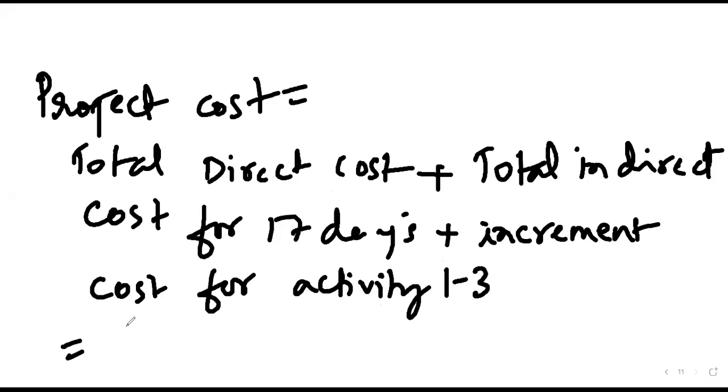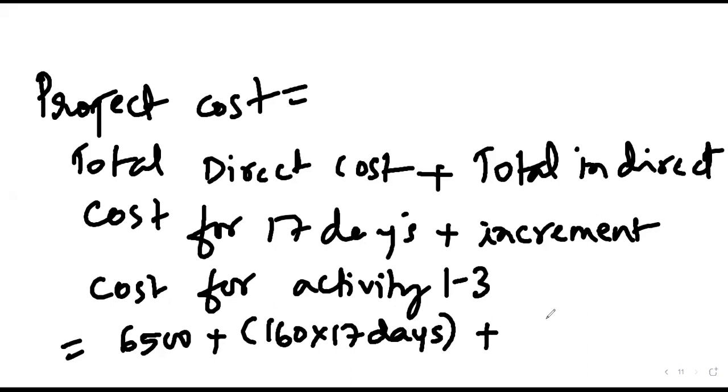What is the direct cost? 500. What is the indirect cost? 3 days plus 100. So what is the total cost? Nine thousand 520.